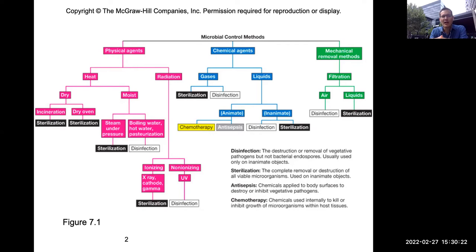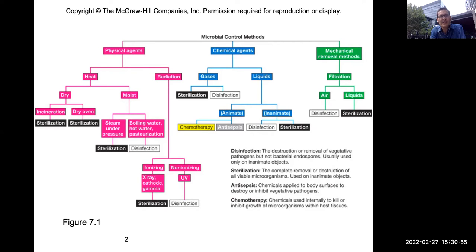They're not actively growing, and they're particularly resistant to a lot of methods for their removal or inactivation. So disinfection doesn't aim to eliminate those. It just eliminates the bacteria that are actively growing, or capable of that, and it's mostly used on inanimate objects.